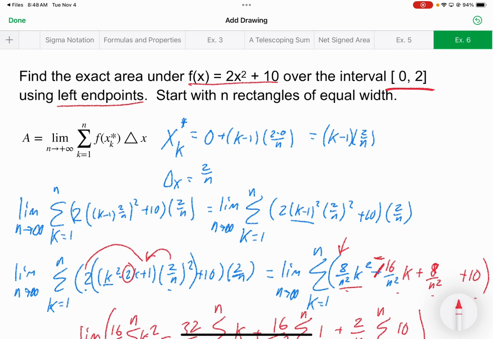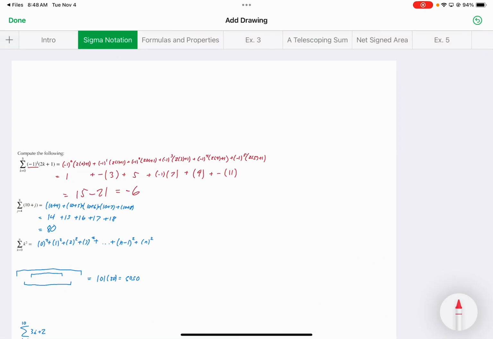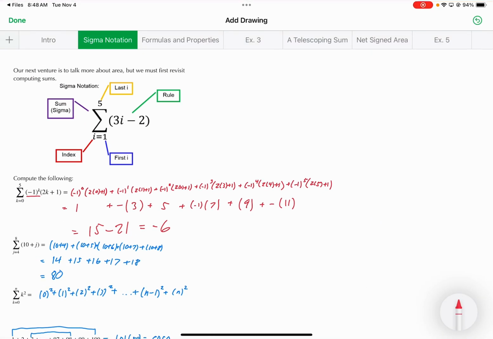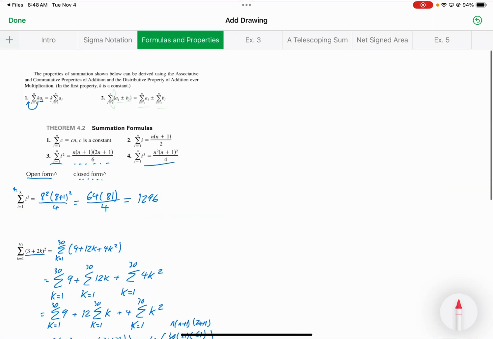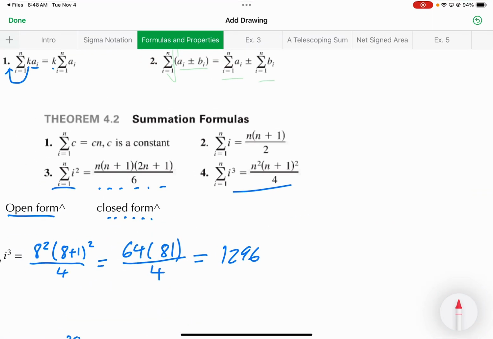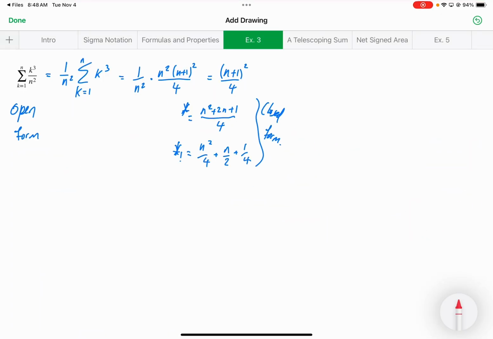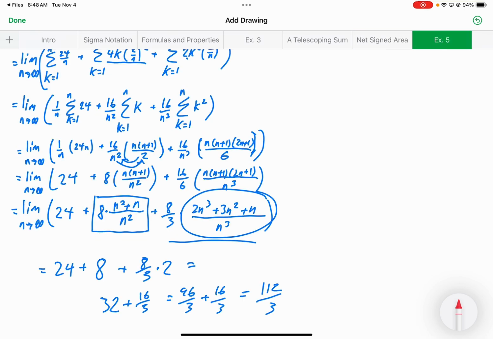I would instead be much more apt to give you a left or a right, and a right's the easiest, because then in that formula there's no k minus 1, it's just k, which makes everything much easier. All right? Okay, so be prepared for doing some sigma notation sums. Know your formulas for a constant, i squared, i cubed. And then from there, it was just kind of finding some sums.